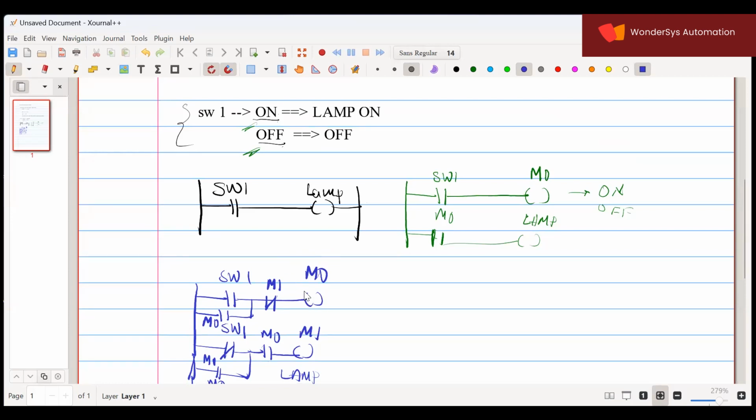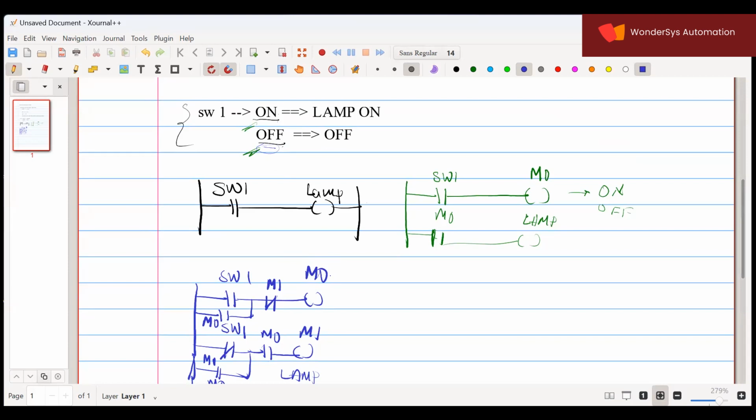This M0 will have only the on state of switch 1. Now I want to store the off state as well. For that, I cannot use M0 again. So to store the off state of the switch, I'll use one more memory, that is M1.